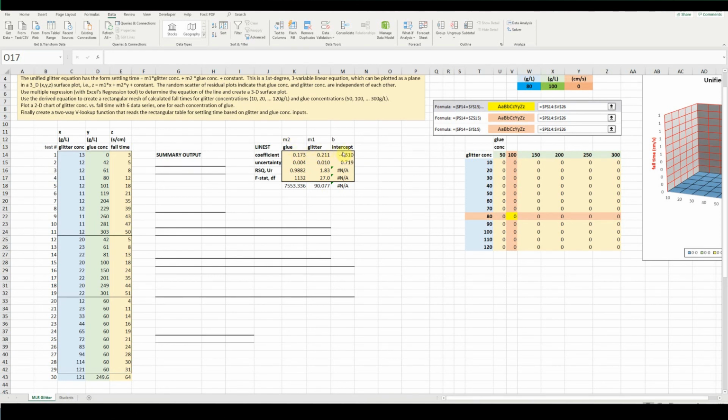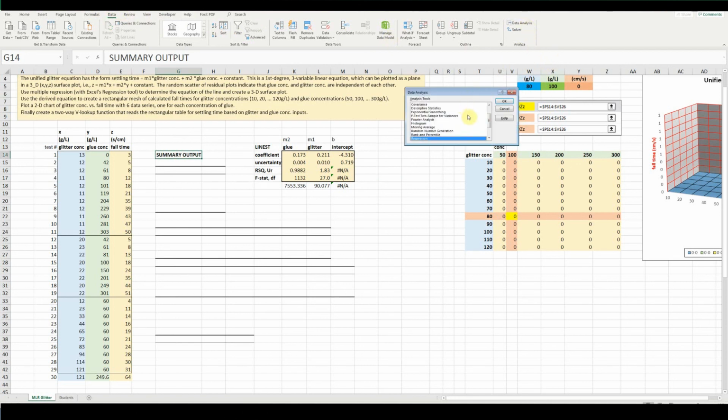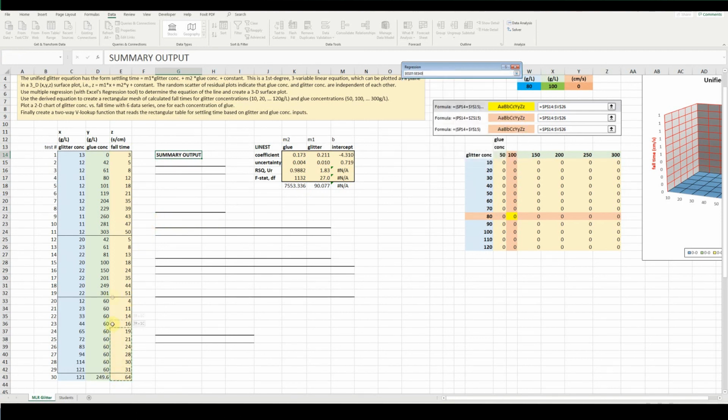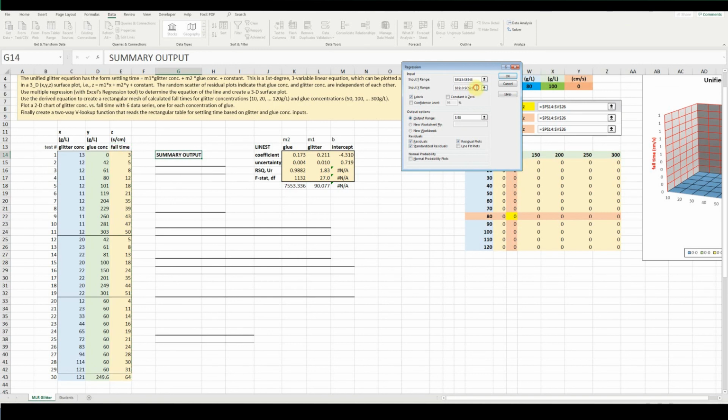Let's do it again now with Analysis Toolpak. I'll choose Data, Data Analysis, Regression, input the Y range. I'm going to include the labels this time, fall time. Input the X values.